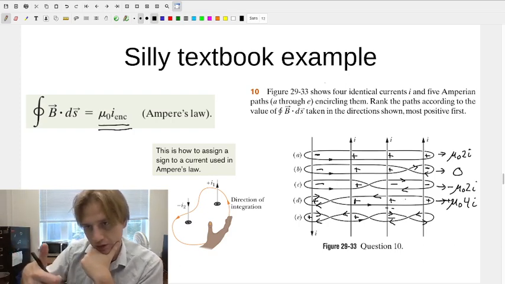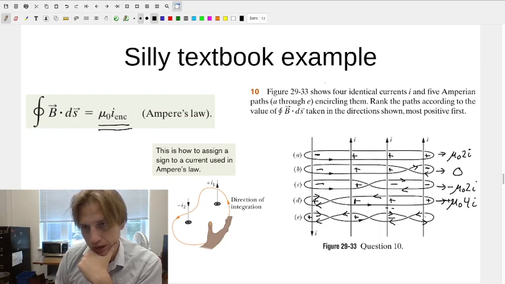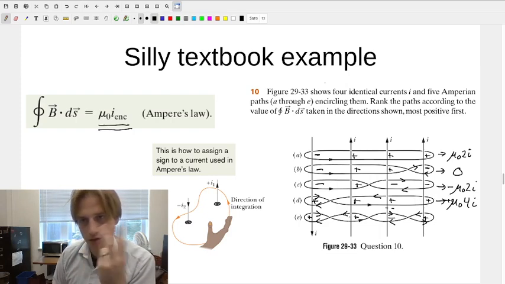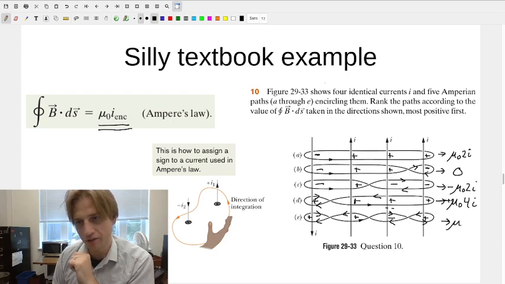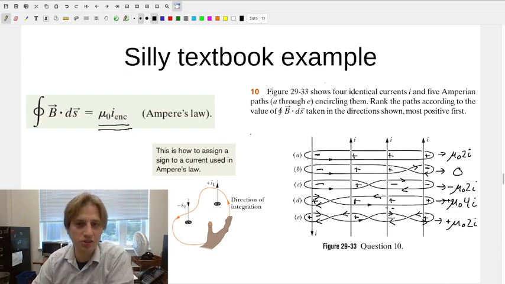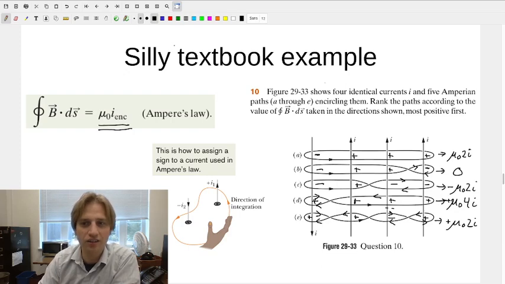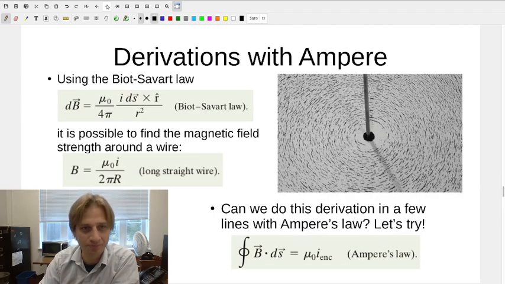And then looking at the direction of the loop, this would be a plus. So this would be plus 1, minus 1, plus 1. Okay. So that would give me mu naught times 2I. I know that's a little confusing, but it's just to get across to you that there is a right-hand rule lurking inside of Ampere's law.